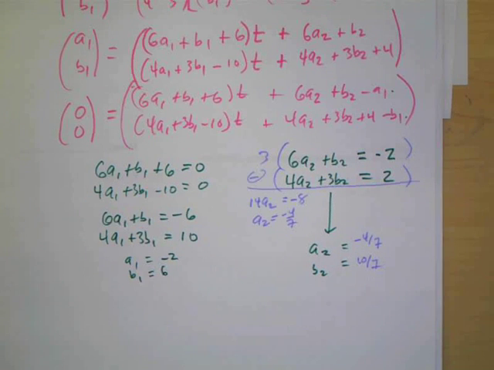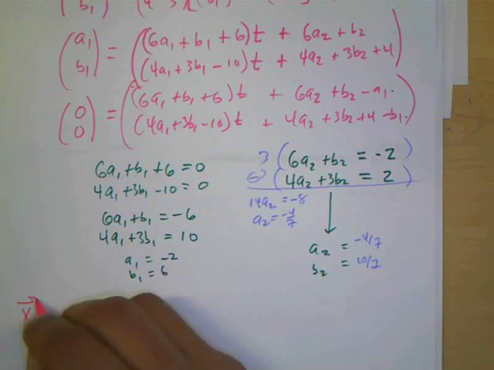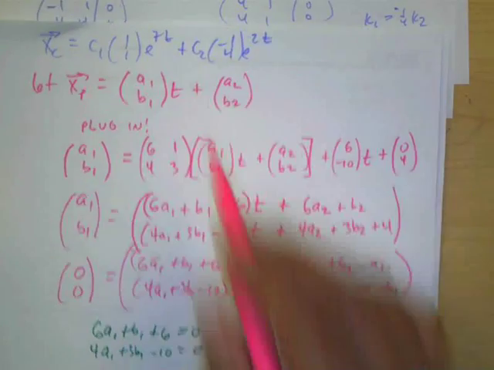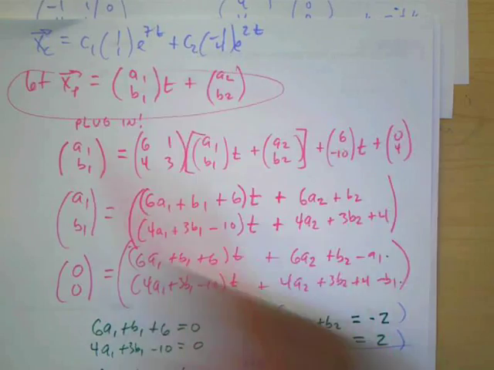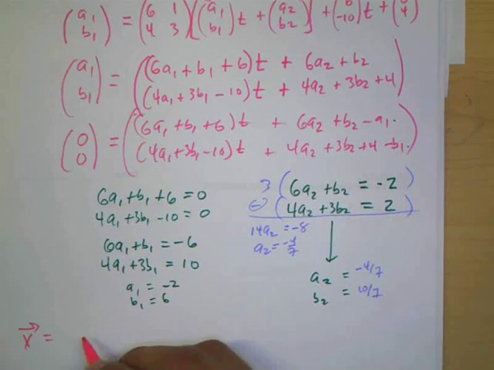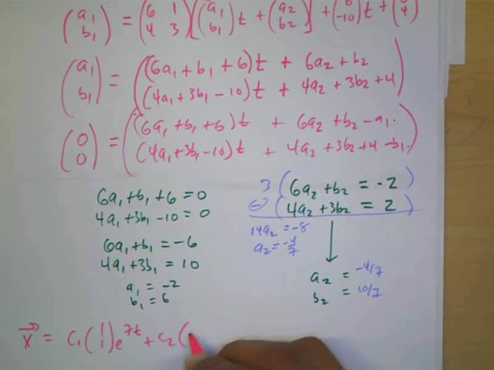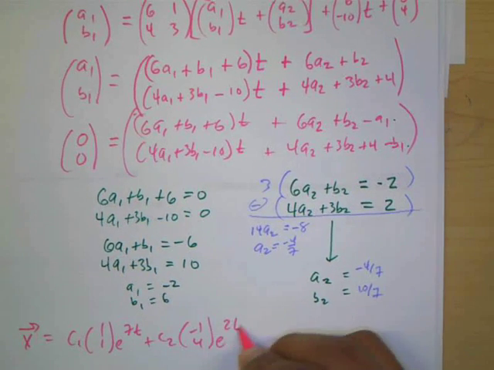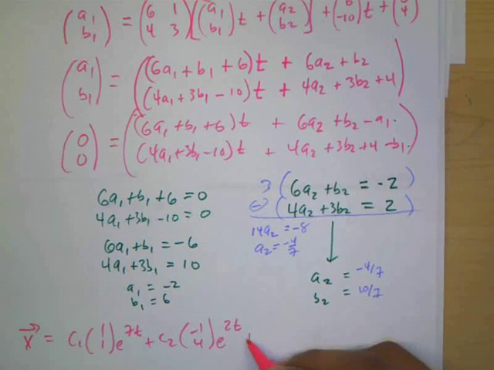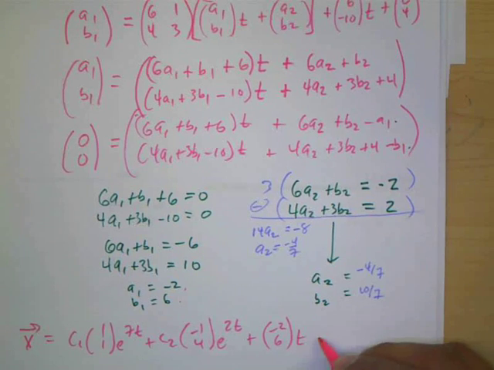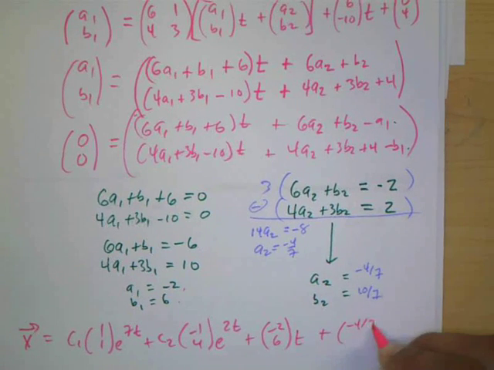Okay, now we're done. So the final solution is C1, it's this purple one up here, plus the particular, which is going to be this with the values plugged in. So C1 (1, 1) e to the 7t plus C2 (negative 1, 4) e to the 2t plus (negative 2, 6) times t, plus (negative 4 sevenths, 10 sevenths).